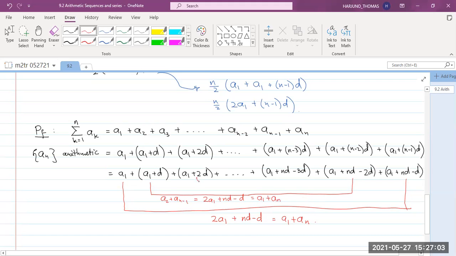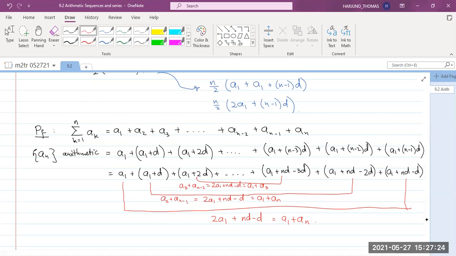And likewise, for this, you will see that this is twice the first term plus nd minus d. That's the same as the first term plus the last term, while it is actually the third term plus the third from the last.